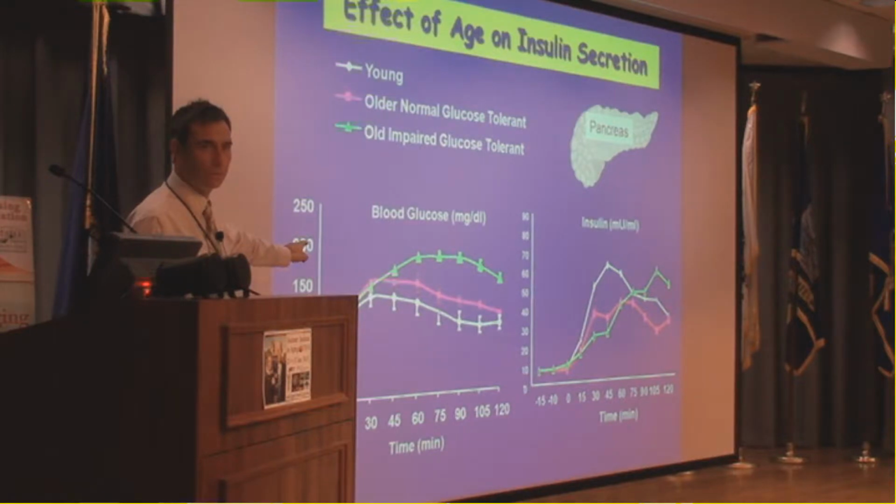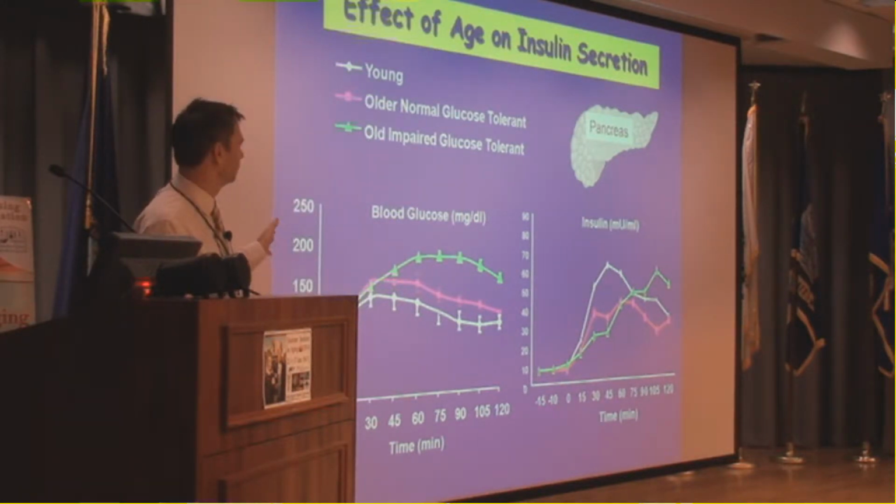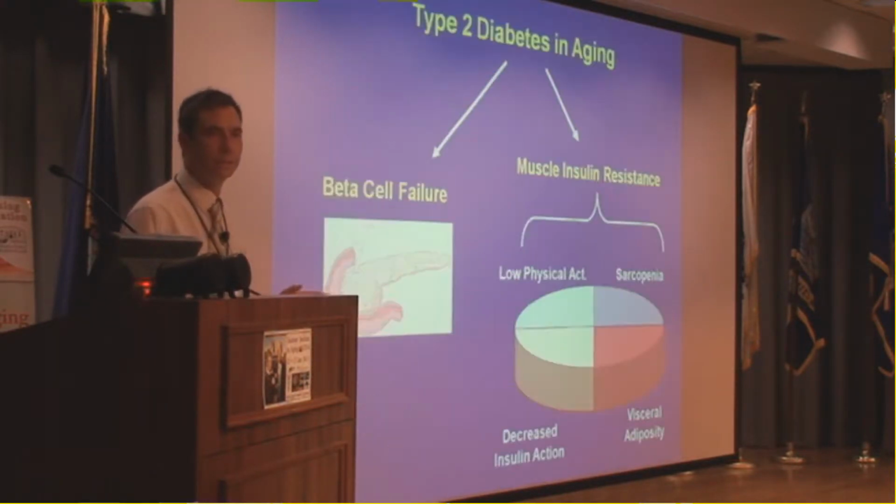To function properly, that secretion of insulin in the older subjects with impaired glucose tolerance should have been early. Because it happened too late, the person had overall higher glucose levels. So as you can see, aging itself, both in the normal and the glucose intolerant, the amount of insulin that is secreted is not the same.